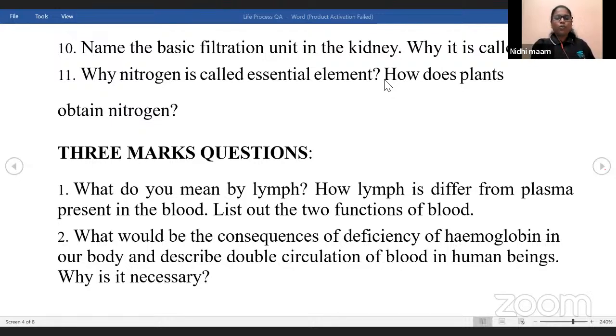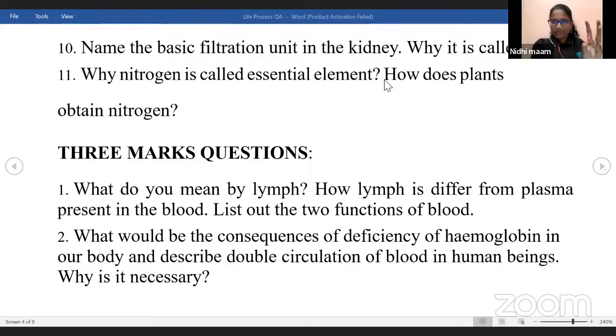11th question. Why is nitrogen called an essential element? How do plants obtain nitrogen? Why do we call nitrogen an essential element? Because every biomolecule, the organic molecules present in a living organism, is directly or indirectly made up of nitrogen or nitrogenous compounds.